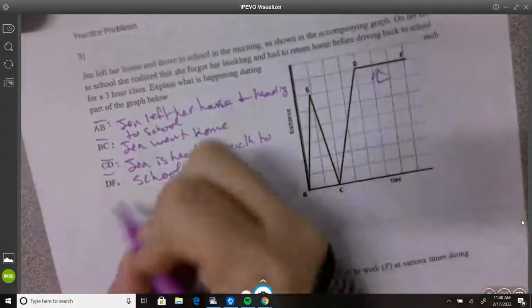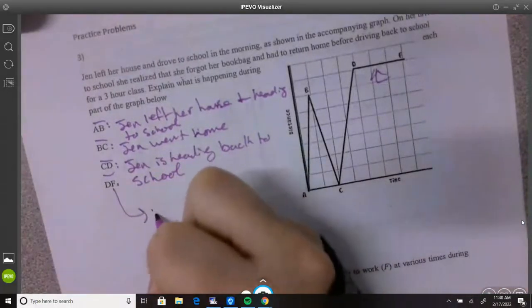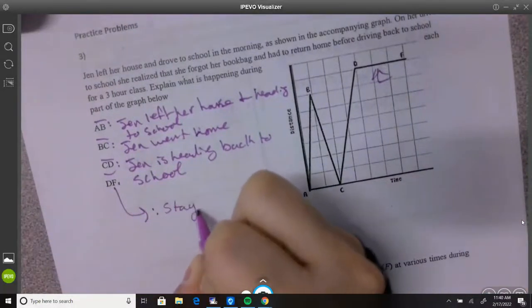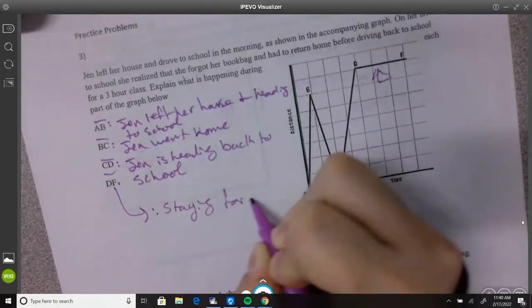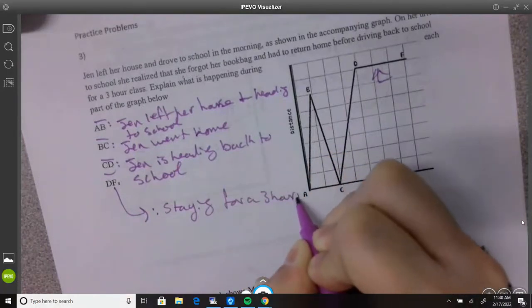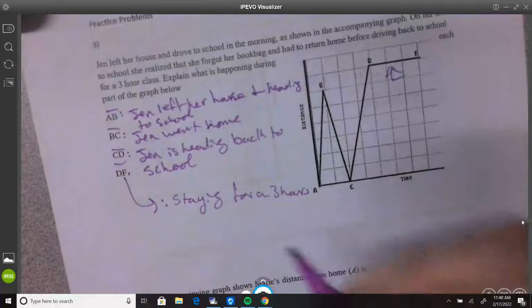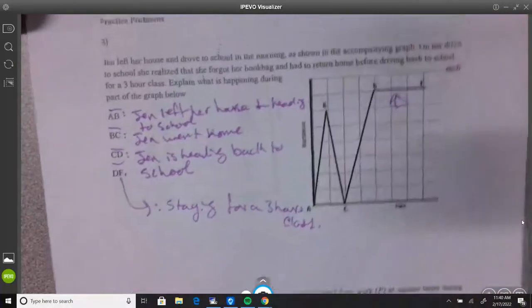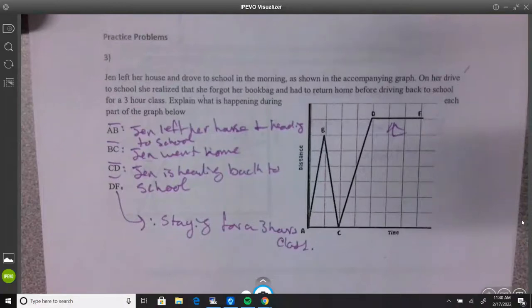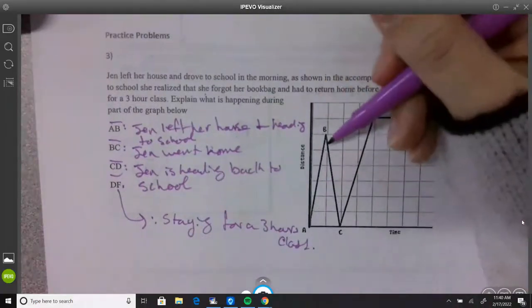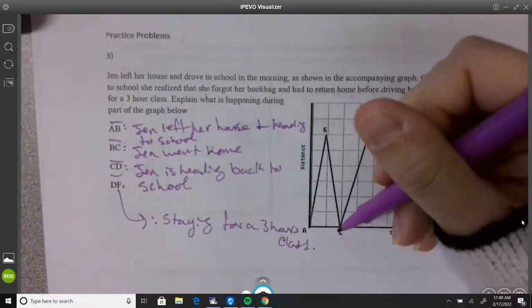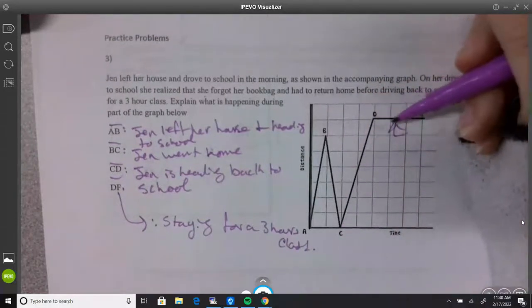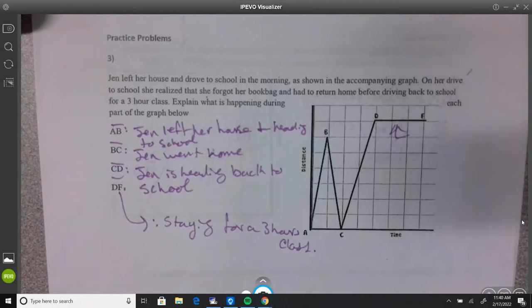She's staying still, DF, she is staying for a 3-hour class. So here's our example there. She left, she went back home, she left again, and she stayed for 3 hours. That's what we're looking at.